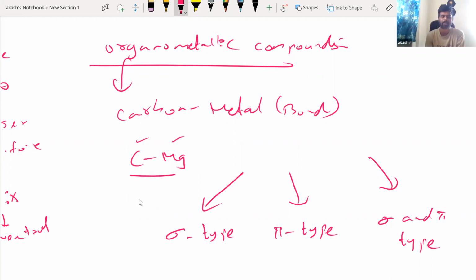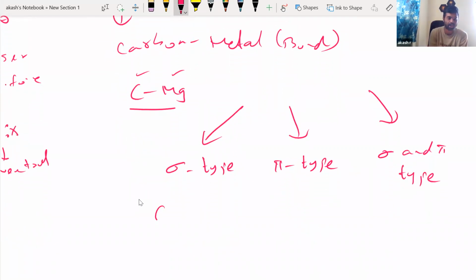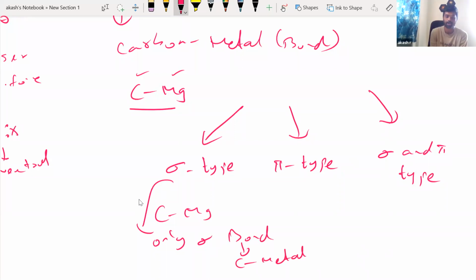Now, what is sigma type? What is pi type? What is sigma and pi type? It's a type of bonding. If you have only a sigma bond between your carbon and the metal, for example, Grignard reagent is going to have only a C-Mg bond, so basically they will have only a sigma bond. What bond are we talking about? We're talking about the carbon metal bond.